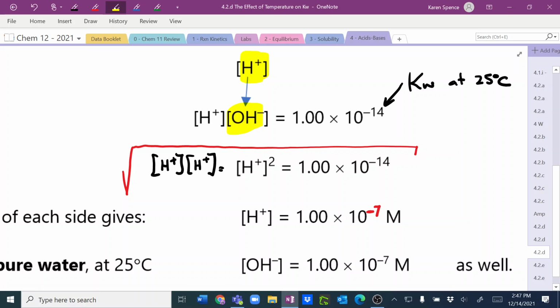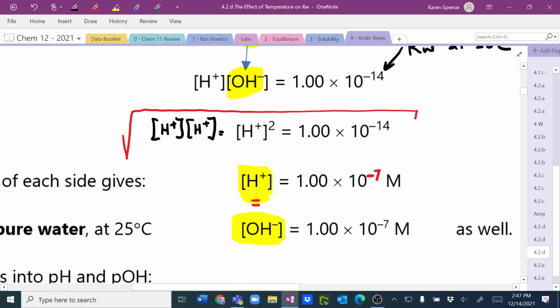And remember, hydrogen and hydroxide in pure water are the same, okay? Those two are equal to one another. So hydroxide ion concentration is also equal to 1 times 10 to the negative 7 molar.